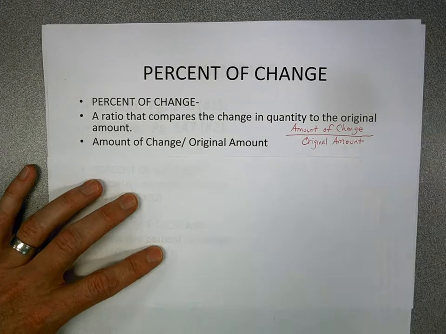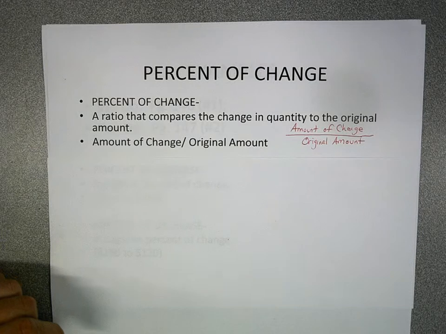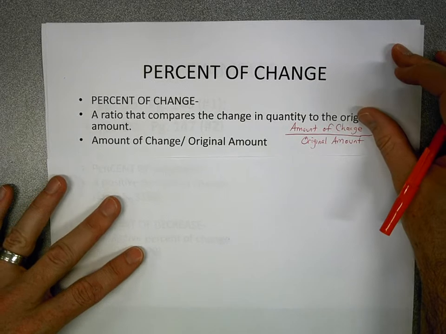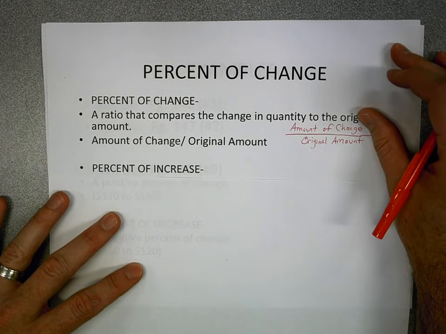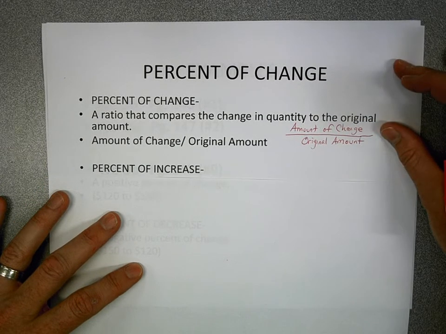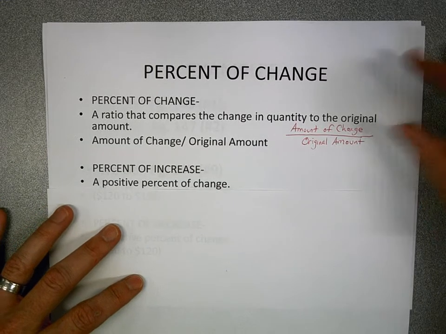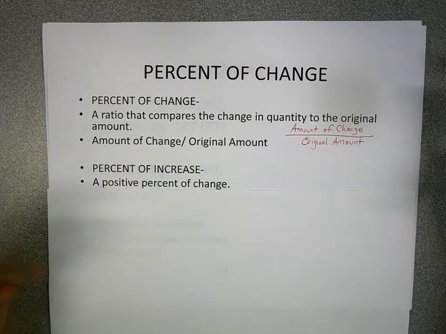Now, with percent of change, there are two types. This will be more common sense after we talk about them. The first one is called a percent of increase, everyone? Percent of increase. So here's what the book says: it's a positive percent of change.